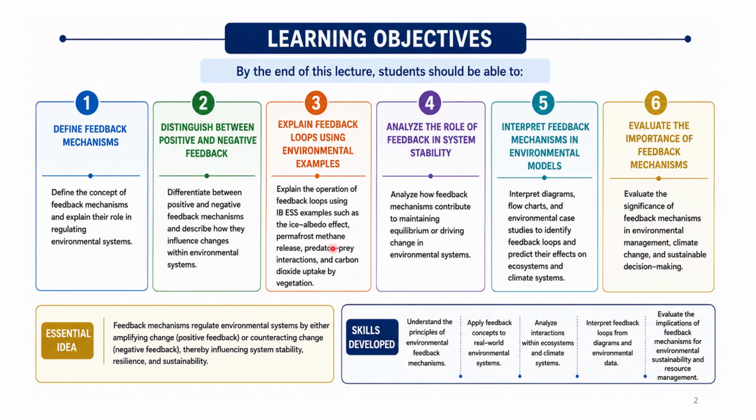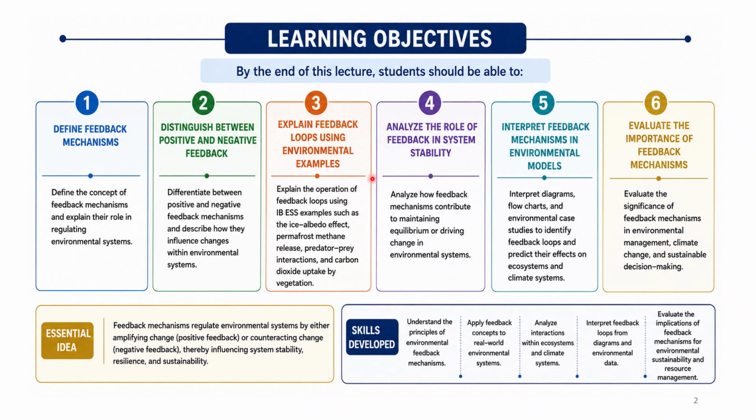Before we begin, let's look at what you'll achieve in this lesson. By the end of this lecture, you'll be able to define feedback mechanisms and distinguish between positive and negative feedback. We'll explore real-world examples, such as the ice albedo effect, where melting ice accelerates warming, and predator-prey interactions, where populations naturally regulate each other.